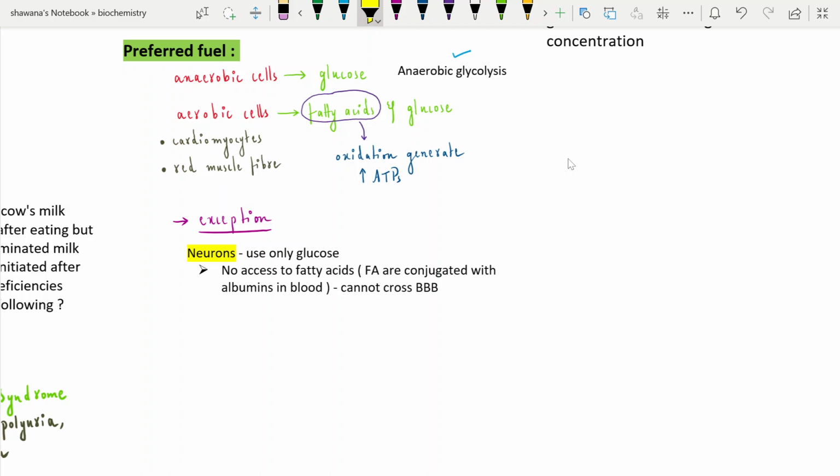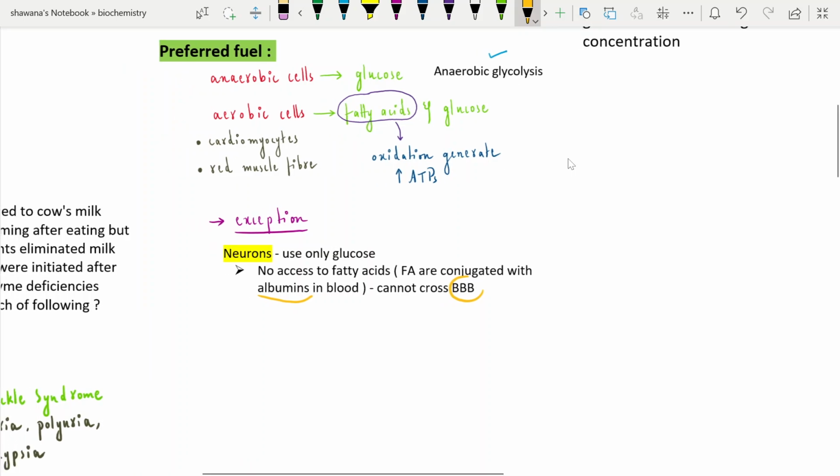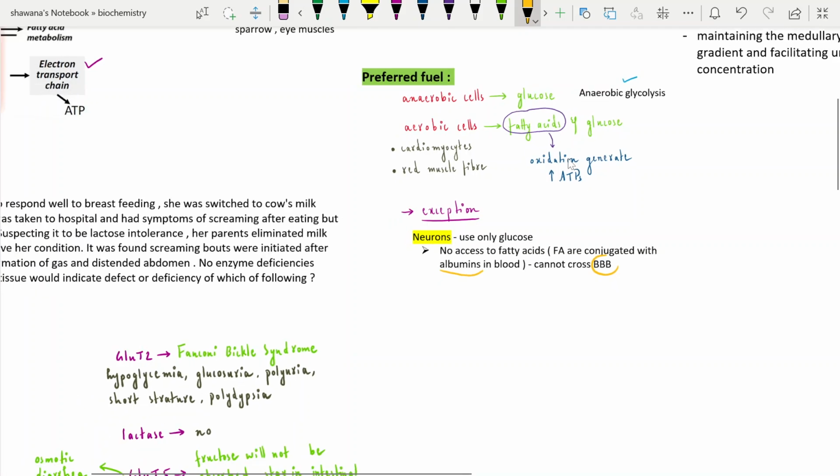It is because when fatty acids are in the blood, they are conjugated with albumins or plasma proteins, and they form strong bonds with albumins, and they do not cross the BBB, the blood-brain barrier. So how are they going to be accessible to the neurons? They are not. So neurons also depend only on glucose.